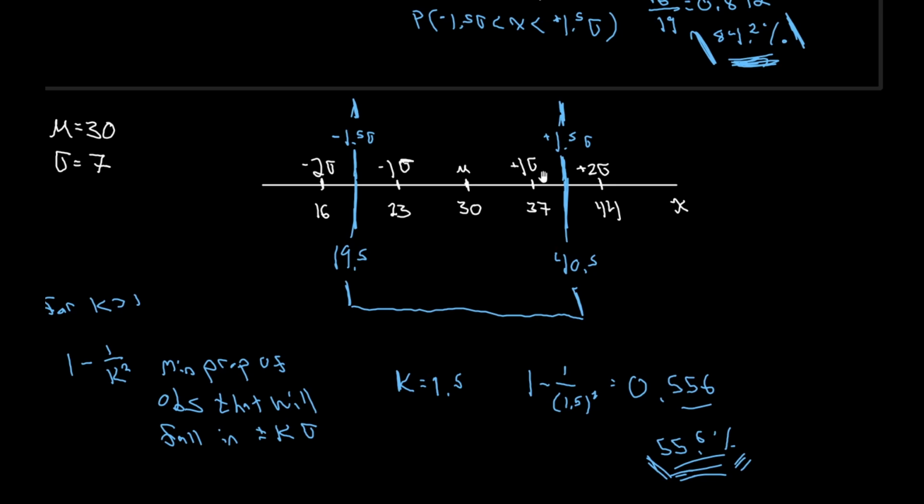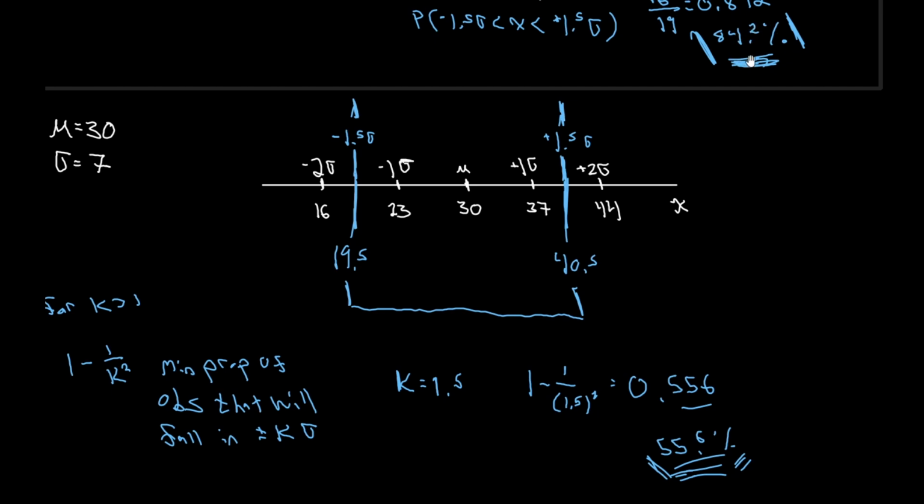Instead, what we can be certain of is the minimum percentage that will fall within these bands, and that is we can be guaranteed that at least 55.6 will fall within 1.5 standard deviations. That is, at least 55.6% of observations will be between 19.5 and 40.5. The thing is, it may be more. It may be more of our observations that fall, as we see, right? We see that it was actually 84.2.